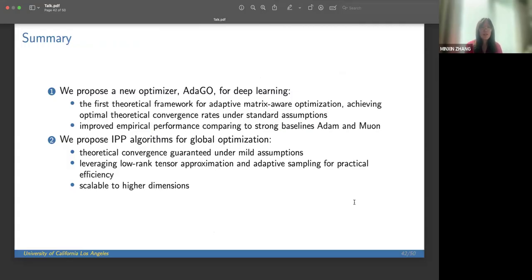And in the second part, we proposed IPP algorithms for global optimization, which have theoretical convergence guarantees under very mild assumptions, and leverage low-rank tensor approximation and adaptive sampling for practical efficiency, allowing them to scale to high dimensions.